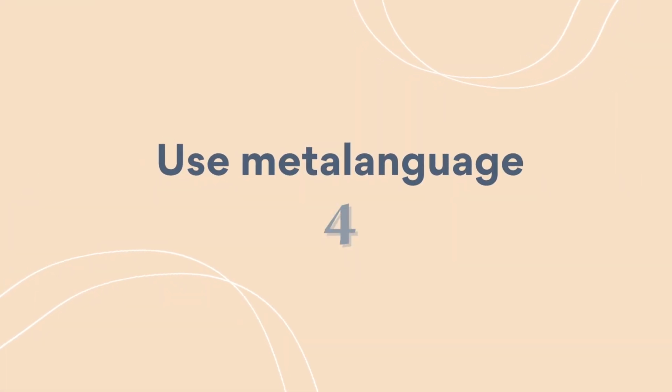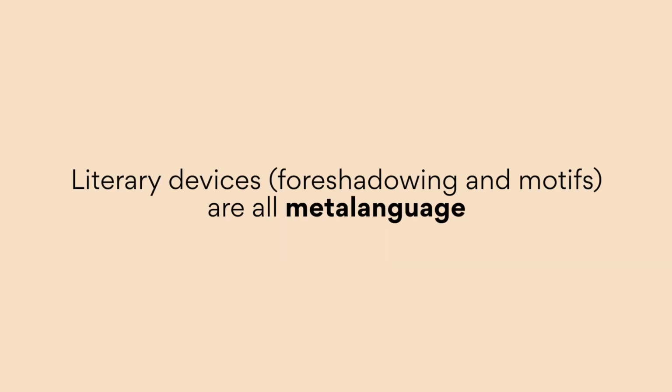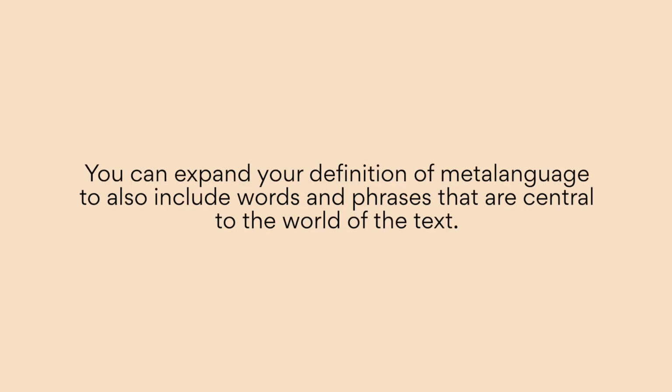Four. Use metalanguage. Metalanguage is language used to describe language. In the case of text response, metalanguage can be used to describe the way that the author has constructed the text. This means that the terminology of literary devices like foreshadowing and motifs are classed as metalanguage. You can expand your definition of metalanguage to also include words and phrases that are central to the world of the text.